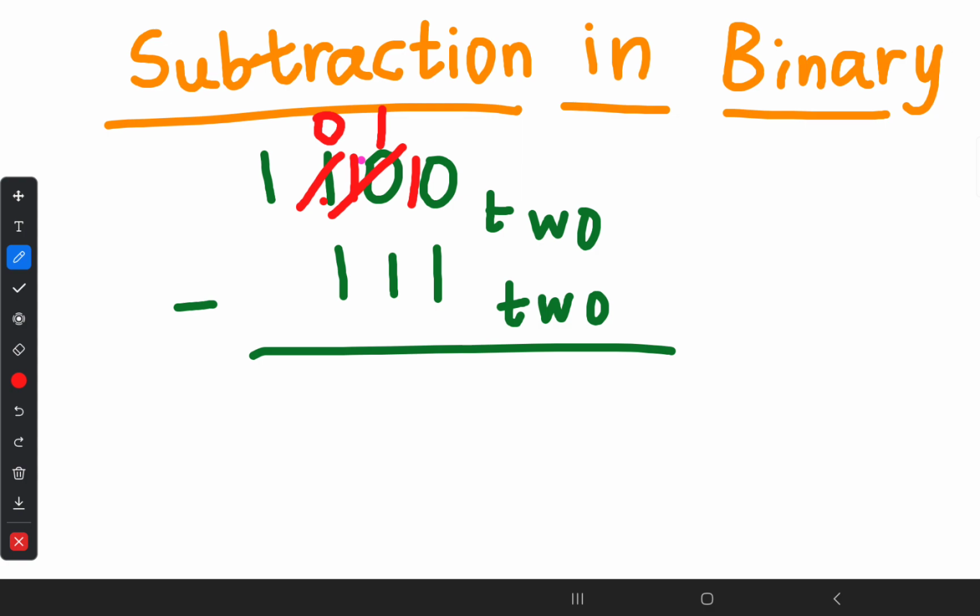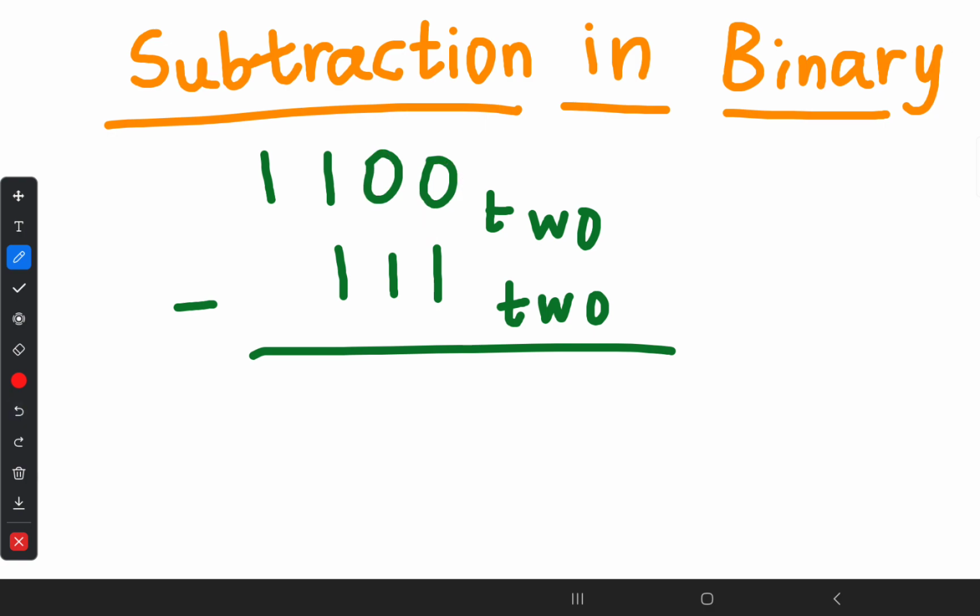For assurance, I'll explain again as well, because this is the place where students make mistakes. From 1, here only we have to lend, because this is 0 and this one also 0. From 0, we cannot lend.